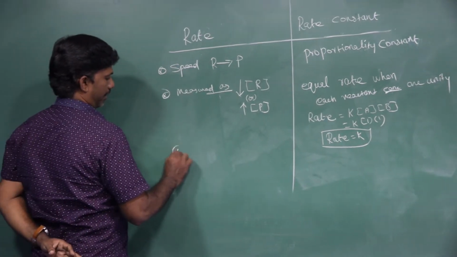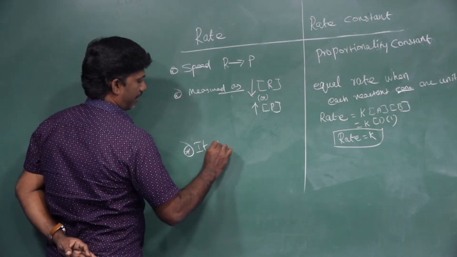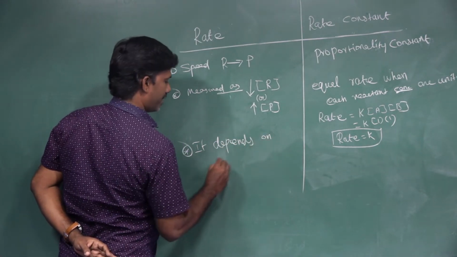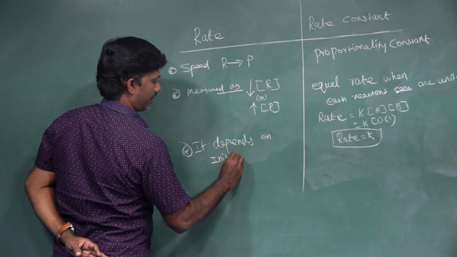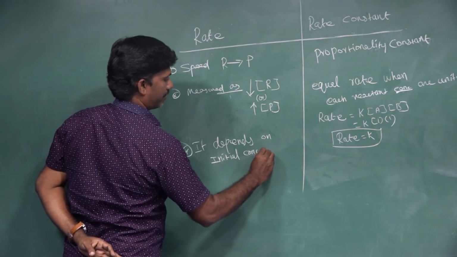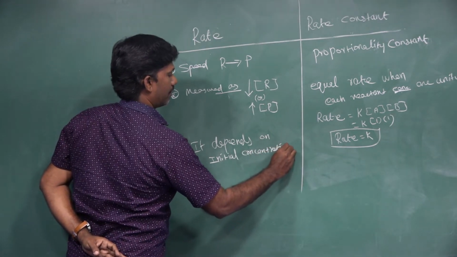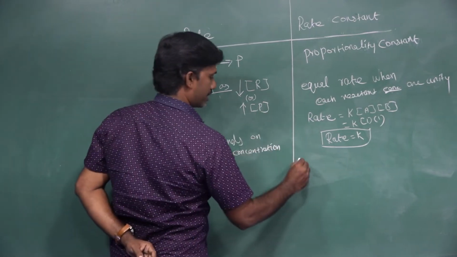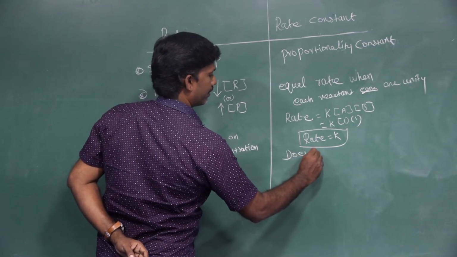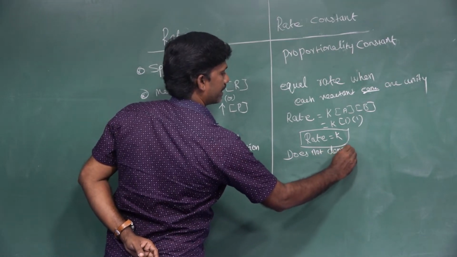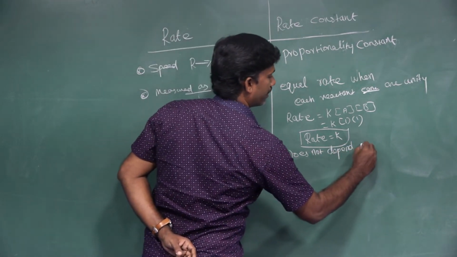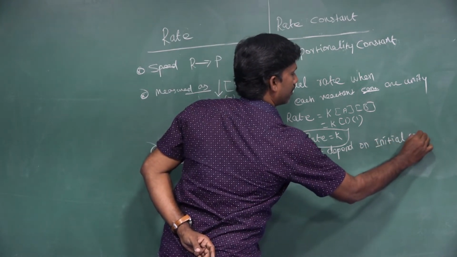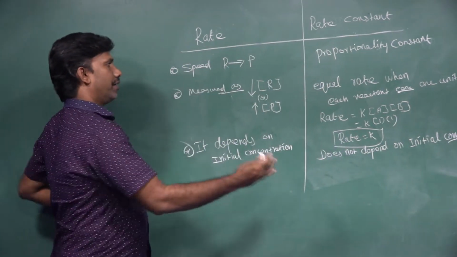Then point number 3, it depends on initial concentration. Rate depends upon the initial concentration, whereas the rate constant does not depend on the initial concentration. So this way we can compare.